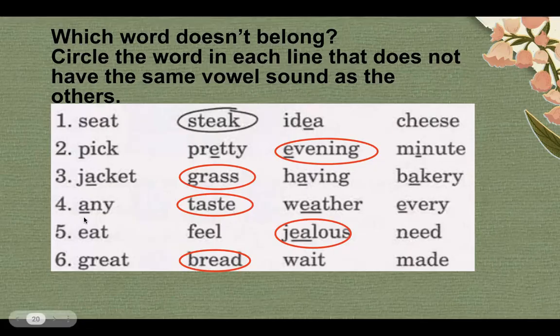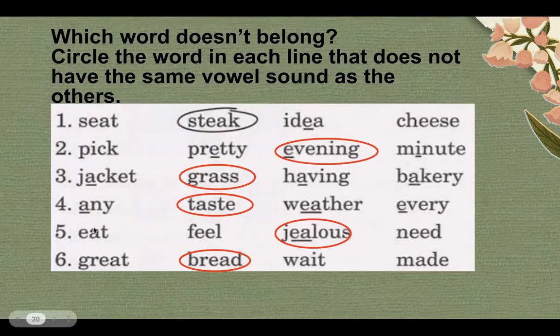The word taste doesn't belong in this line. We have the word taste with the diphthong A. However, the rest three words have the vowel sound A, like any, whether, every. Okay, next one.